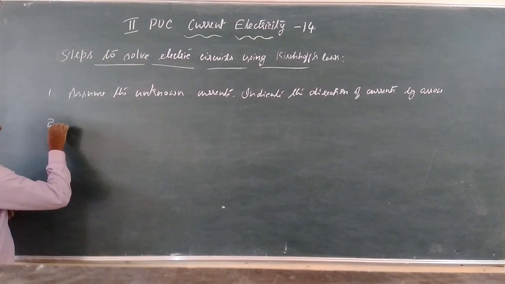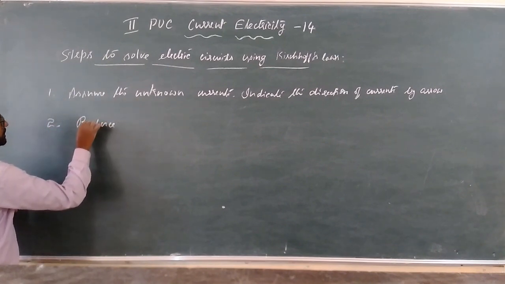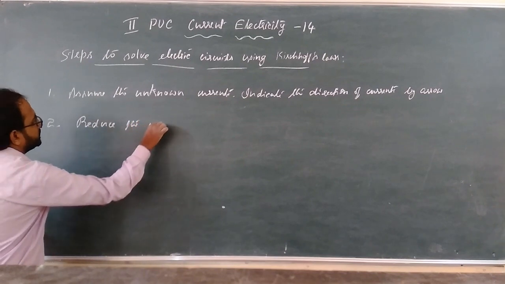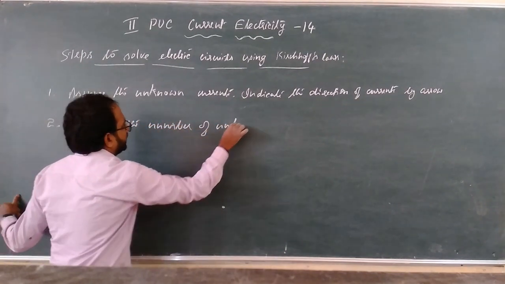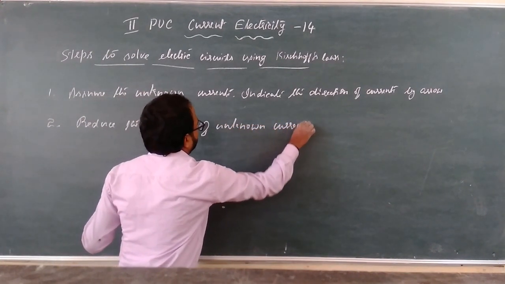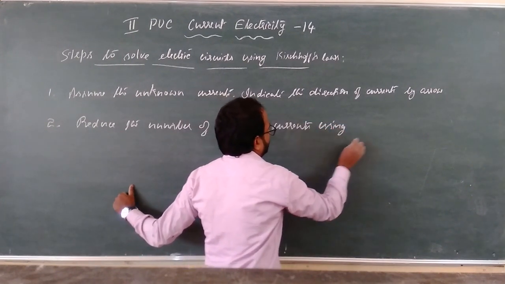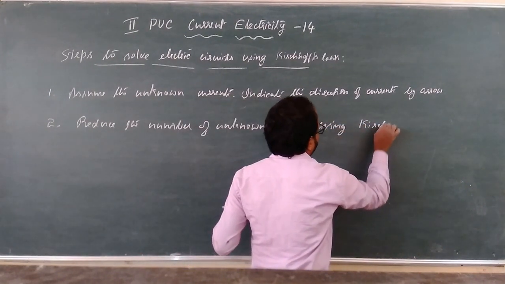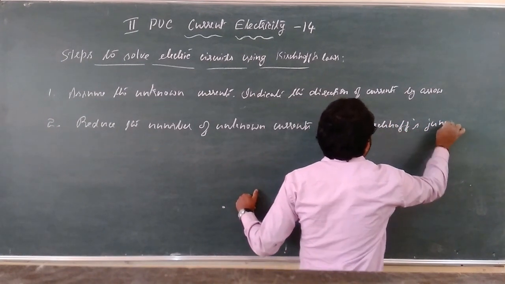Then reduce the number of unknown currents using Kirchhoff's junction rule.